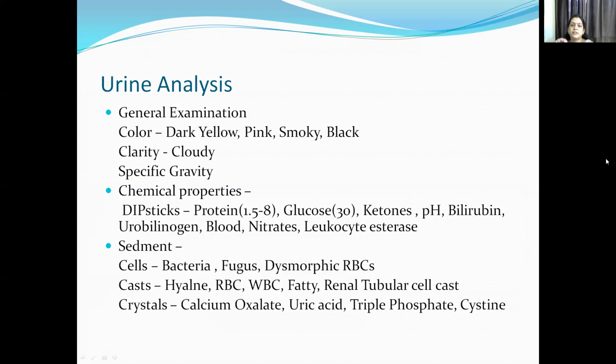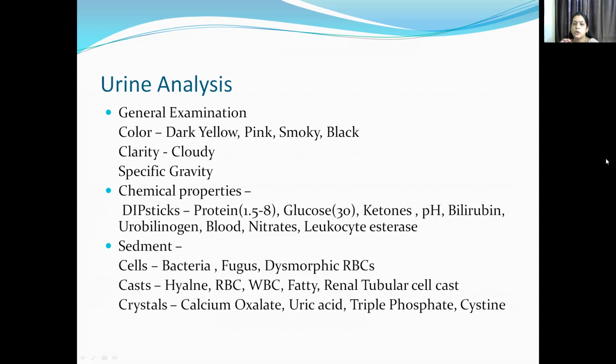Specific gravity is usually representative of the osmolality. Say if the specific gravity is fixed, like 1.010 in chronic kidney disease, and is not getting affected, then it is a renal pathology. Now coming to the chemical properties, the dipsticks.